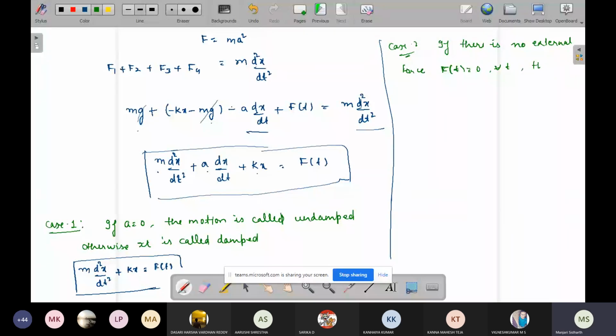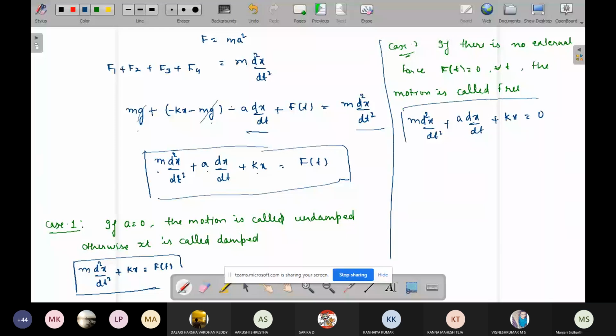In this case, the motion is called free. And the corresponding differential equation will be m d2x over dt square plus a dx over dt plus kx is equals to 0, right?